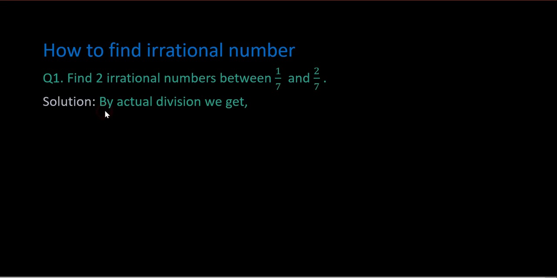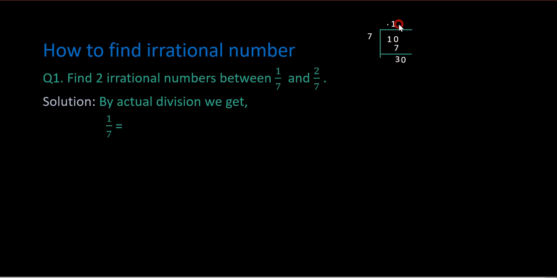So by doing actual division we can write 1 by 7. Now let's see, if we divide 1 by 7, we need to add one decimal here so that we can put one 0. Now we have 10. So we can write 7 1s are 7. 10 minus 7 we have 3. So we can add one 0 after 3.